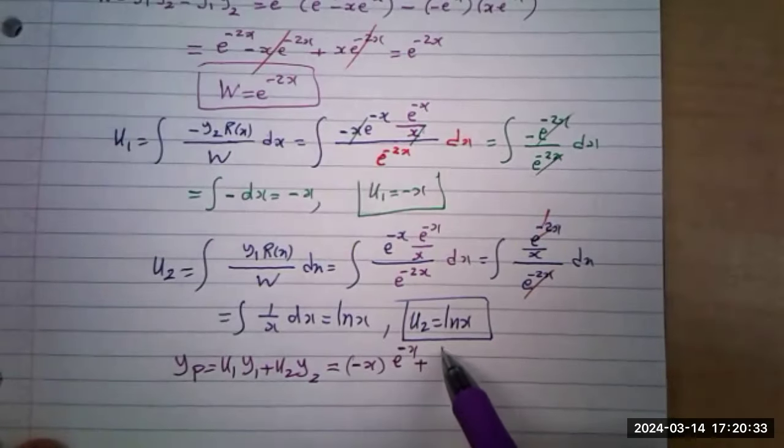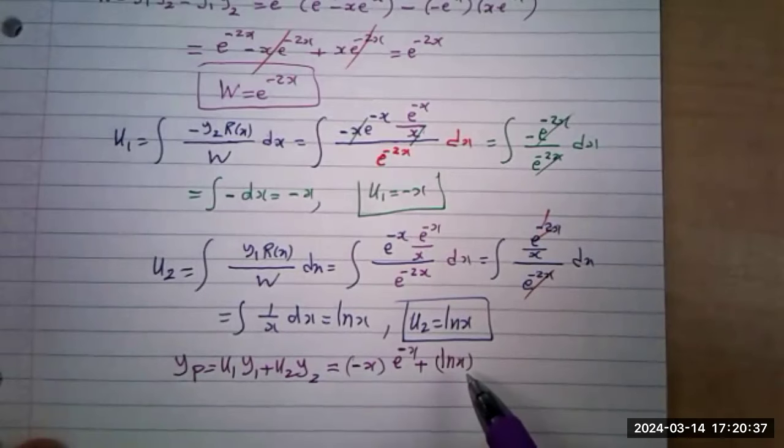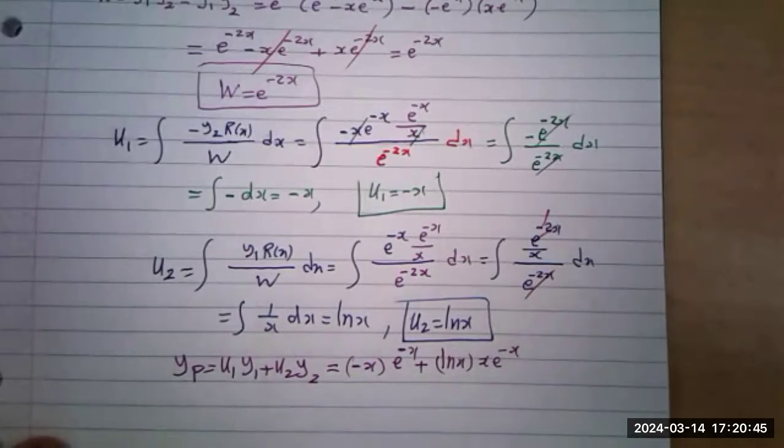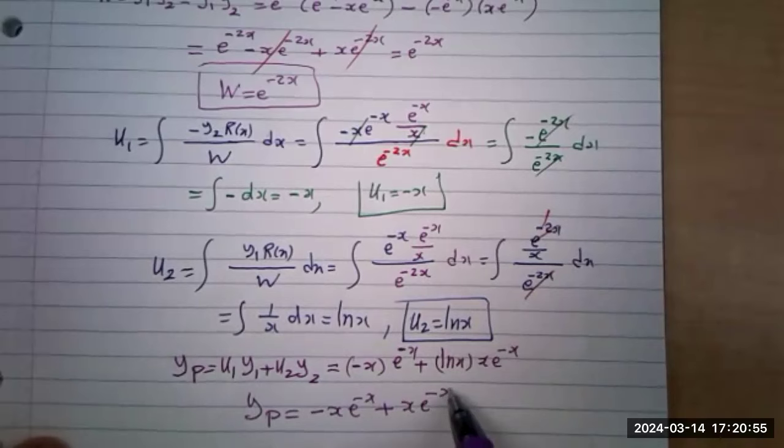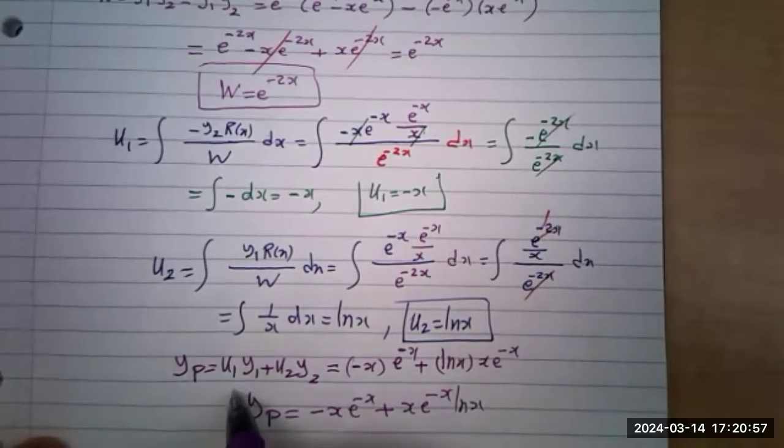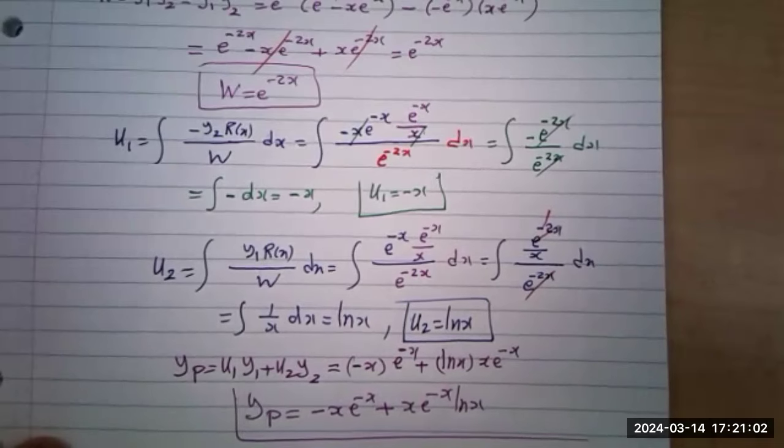Plus u2 is ln x, ln x times the y2. y2 is x e to the negative x. There is nothing to simplify. So the yp would be simply negative x e to the negative x, okay, plus x e to the negative x ln x. Okay. So y equals the yc plus yp.